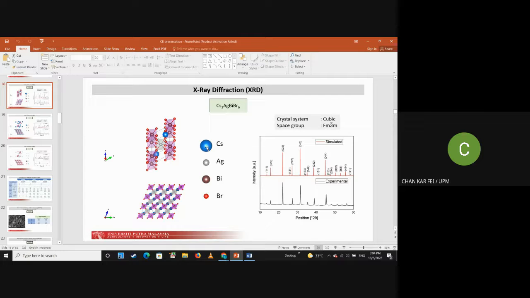Okay, but the thing is, with TGA we cannot check whether it degrades, because TGA is a mass decomposition measurement. We know at what temperature each compound will degrade, because I have run the TGA for the pristine precursors, like those I use when synthesizing the perovskite structure: MABr, BiBr, AgBr, and CsBr.